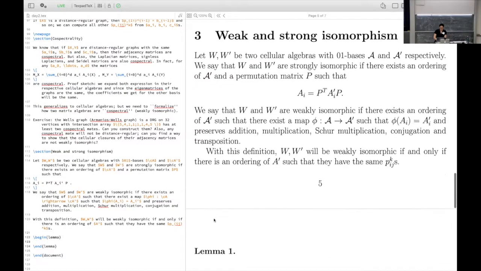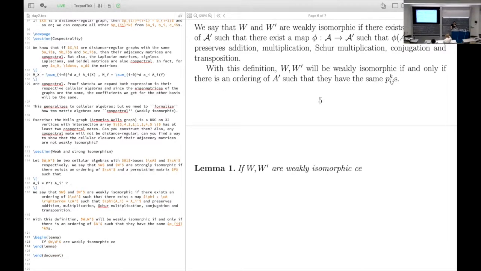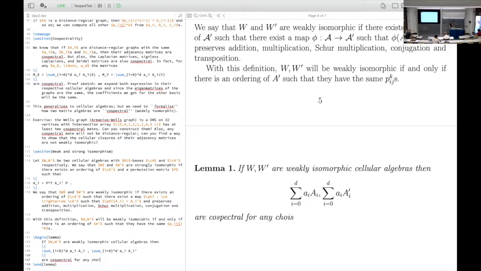So the lemma that we desired is that if W and W prime are weakly isomorphic cellular algebras, then the matrices that we had from before, the thing that looks like this, except now we have a linear combination of AI, and then if I take the same linear combination of the AI prime, assuming that I've ordered it such that the map goes as required, they are cospectral for any choice of the sequence AI.